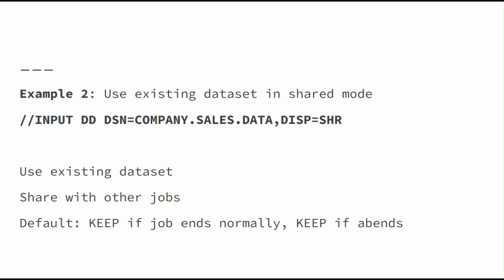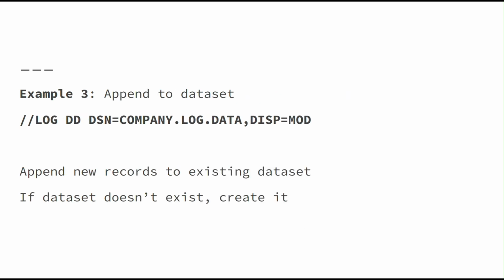Example 3: append to a dataset. Here disposition equals MOD. Why? Because if COMPANY.LOG.DATA is already present, we are asking to use it; if it is not there, we are asking to create a new dataset named COMPANY.LOG.DATA.